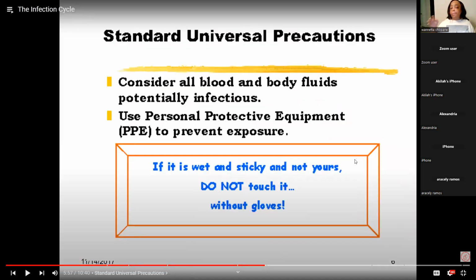Now, this is most important. From now on, I need you all to recognize this terminology: standard universal precautions. When we meet Saturday, I may randomly pick someone and ask them, what is standard universal precautions? I hope you can tell me that we are wearing gloves at all times, because we consider all blood and bodily fluids potentially infectious.